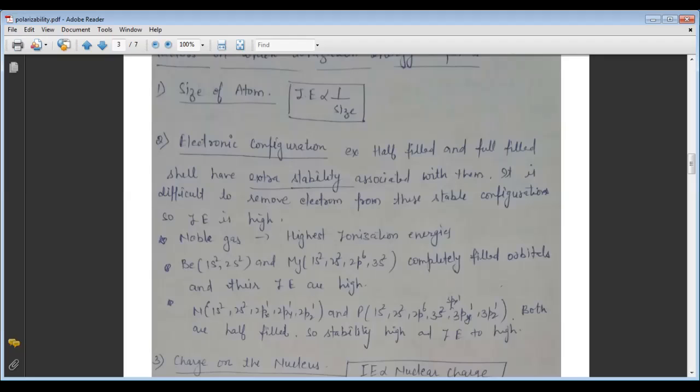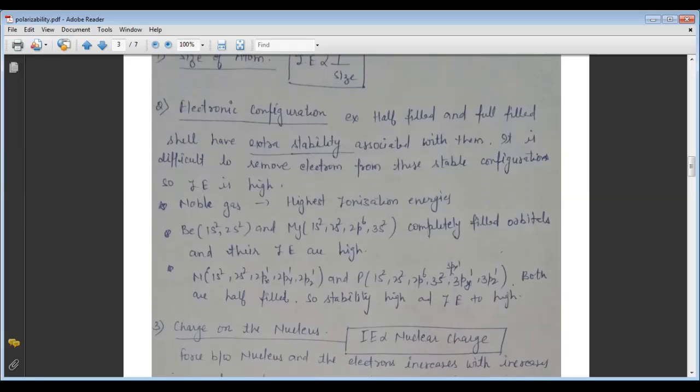We can explain this with the help of an example. Half-filled and completely filled shells have extra stability associated with them. So it is difficult to remove an electron from these stable configurations, and the ionization energy is high.